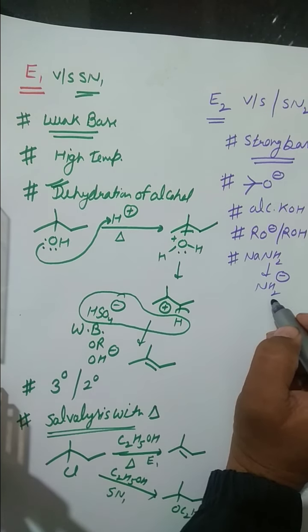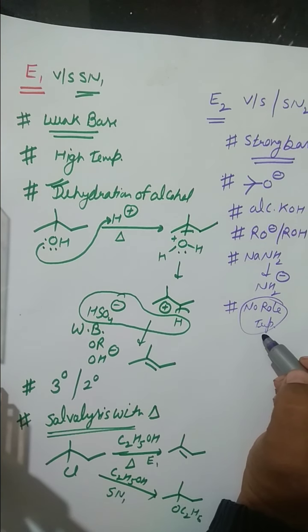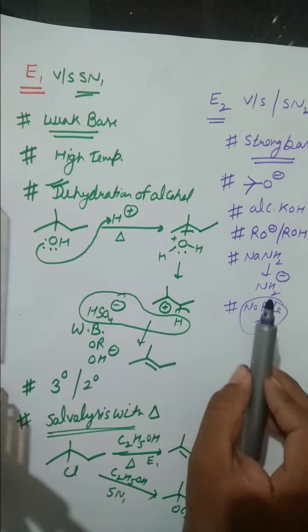So if we are talking about a strong base, then our mechanism would be E2. There is almost no role of temperature. If temperature is there, then it's good, but temperature does not play a significant role in E2, correct? But in E1, temperature plays a very significant role.